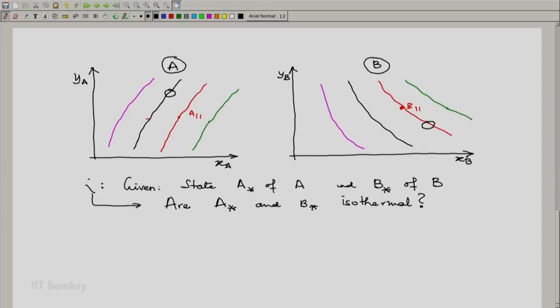If that is the case, then we say those two are not isothermal states because they do not belong to corresponding isotherms. Whereas, if we find that both A star and B star belong to the same isotherm, say red, then we will say that they are isothermal states.